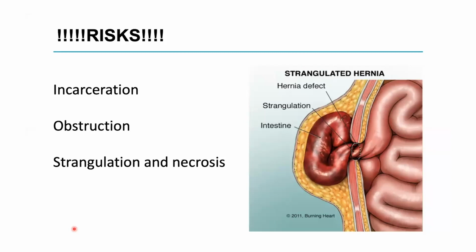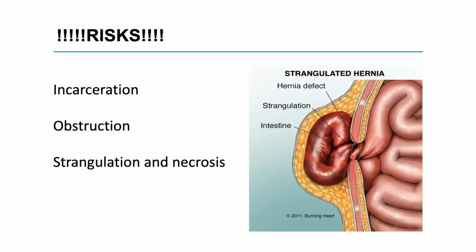But with bowel, the problem is that if the neck of the sac becomes tight enough to compress the venous return, then you've got arterial flow in, reduced venous return, and then swelling develops. And as that swelling develops, we're into a vicious circle of swelling, a further reduced venous flow, and then eventually so much swelling that it impairs the arterial supply, and then we have strangulation and necrosis.